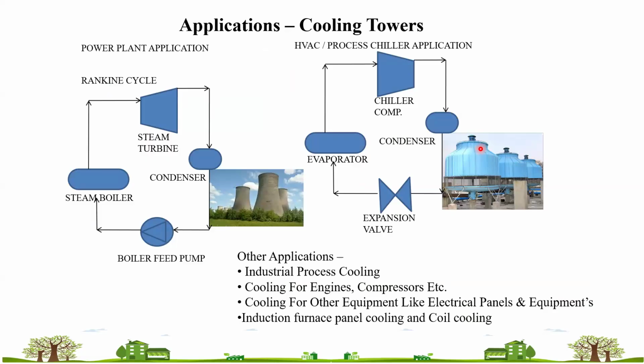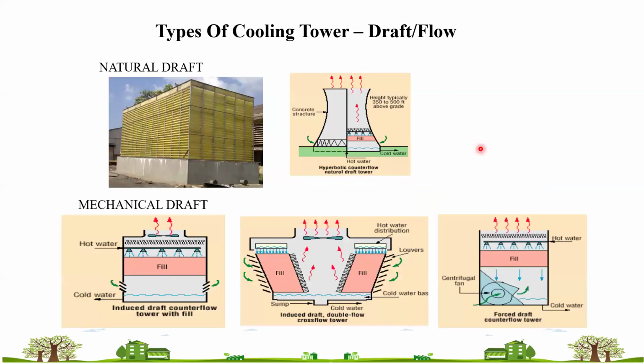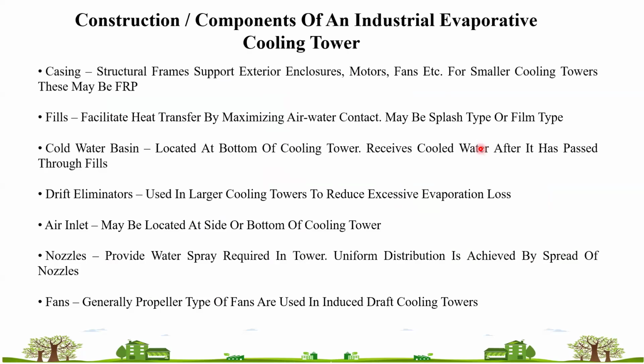In the cooling tower, it is the loss for which you always have to keep makeup water on, due to evaporation loss. Then besides evaporation loss, there are cycles of concentration or blow down losses. We'll see the losses again, but drift eliminators are used to reduce excessive evaporation loss.